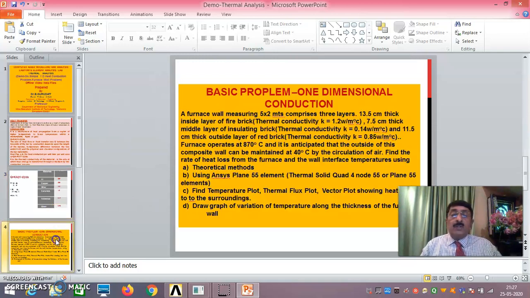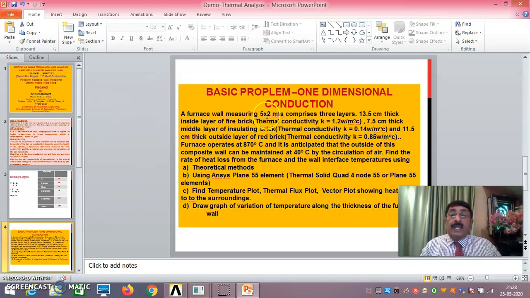Okay, then you have a typical problem, this basic problem whoever it is you should know. It's a furnace wall measuring 5 by 2 meters. The cross section of it is 5 by 2 meters. I'm giving you only thickness. This 5 by 2, you don't worry. 5 by 2 is perpendicular to the rate of flow. This is the area.